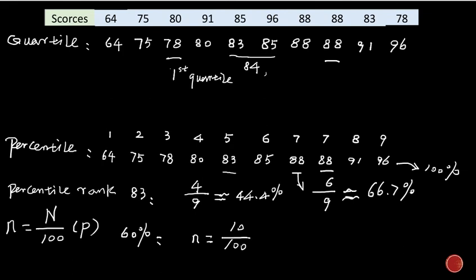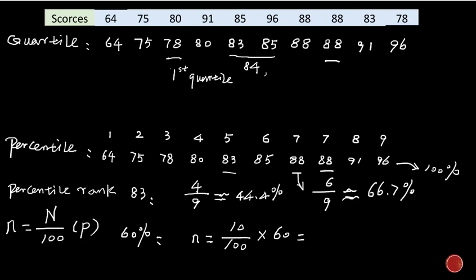That means boundaries divide these 10 data into 100 parts. P is the percentile times 60. Don't put percent, just use 60. Remember, don't put percent.